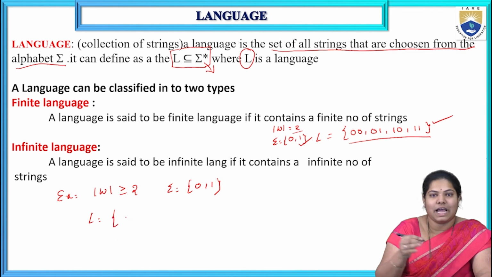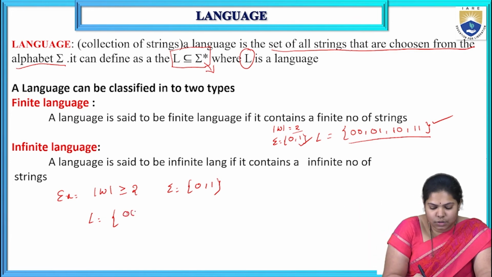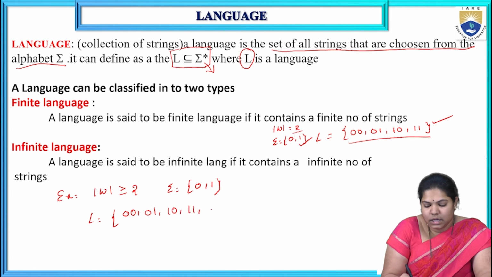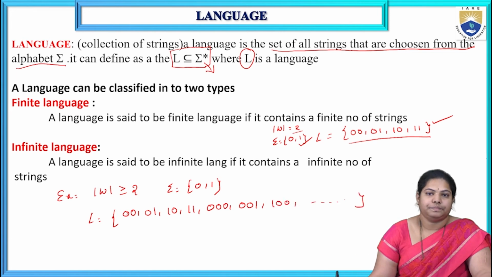Greater than or equal to 2 means it starts from 2 and goes above: 0 0, 0 1, 1 0, 1 1, 0 0 0, 0 0 1, 1 0 0 and so on till infinity. This sort of language we call an infinite language.